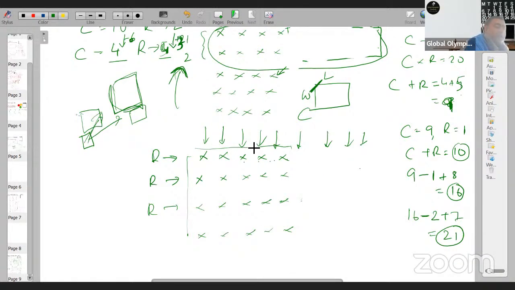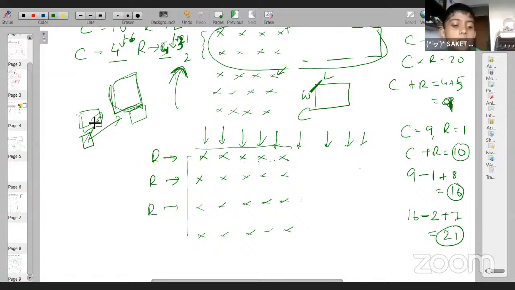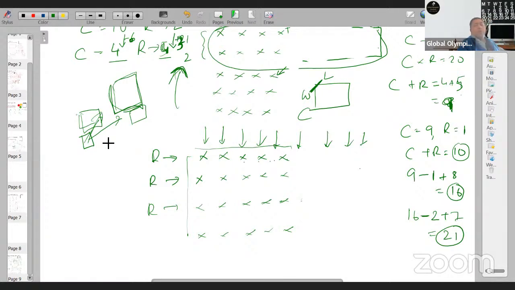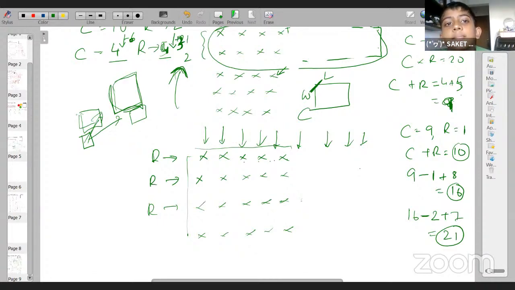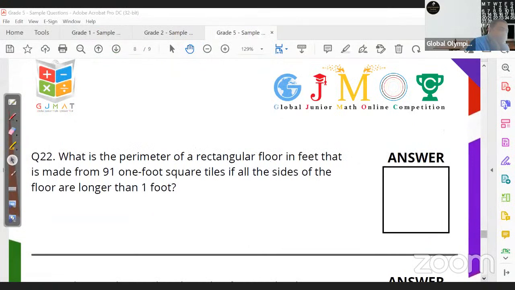It packs more area with the same perimeter. Therefore, for the same area, it needs a lesser perimeter, and a rectangle will have a much bigger perimeter to give the same area. Understood? Cool. Let's do the next question.